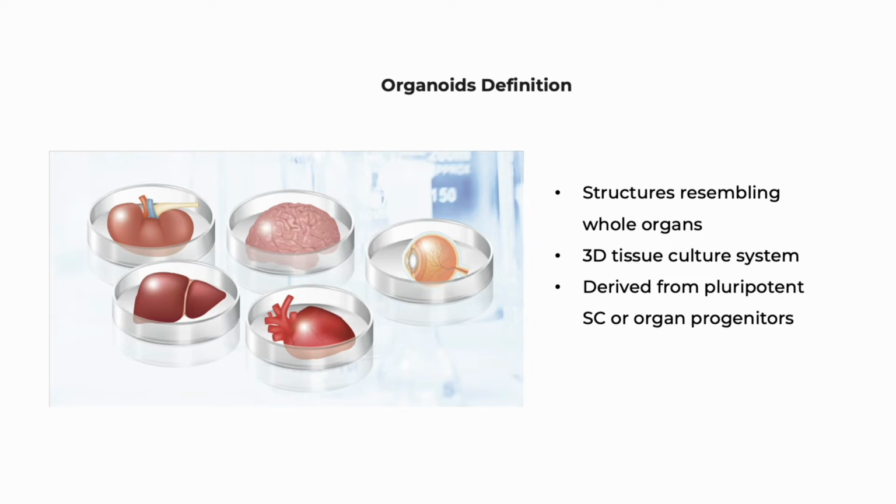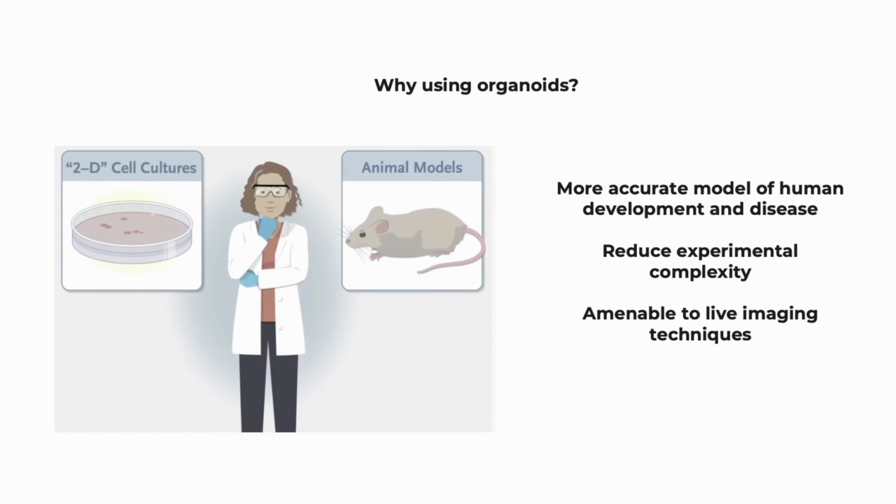But I will talk about that later. These three-dimensional organ-resembling models are derived from pluripotent stem cells or from organ progenitors, and as I said, they can self-organize in a three-dimensional culture, owing to their self-renewal and differentiation capacities.